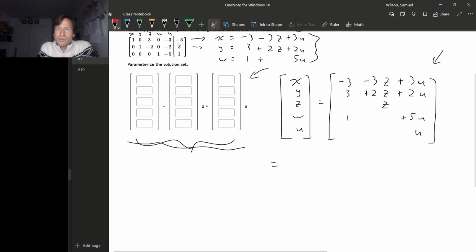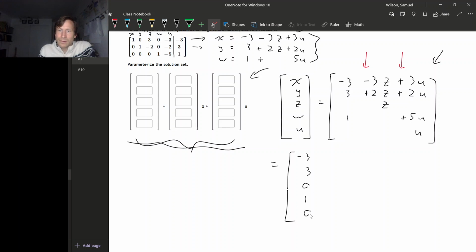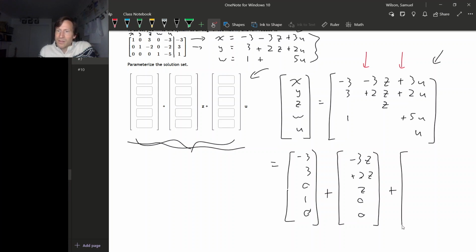So what we can do is split this big vector up. And that gives us the first vector, minus 3, 3, 0, 1, 0, plus our second vector, minus 3z, 2z, z, 0, 0, plus the last vector with all the u's, 3u, 2u, 0, 5u, u.